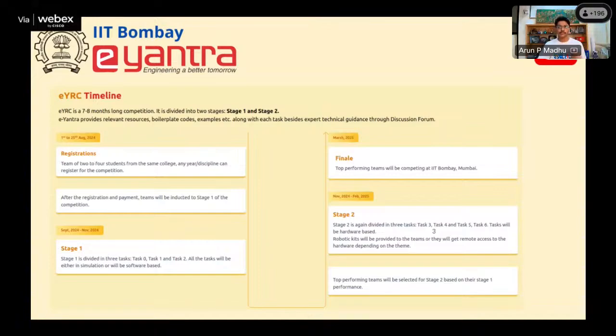We'll have different themes: a drone theme, control system theme, an industrial robot arm theme. Again this year we'll have a line following theme, an FPGA based theme, and so on.